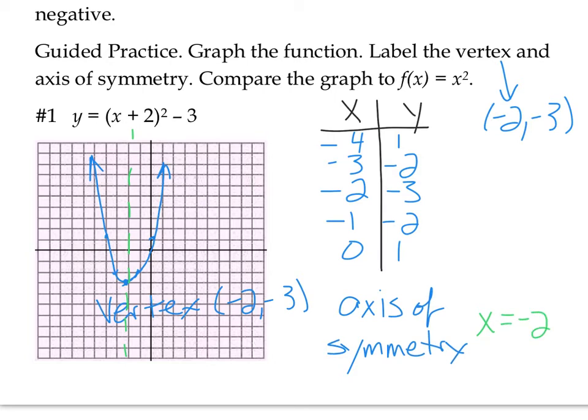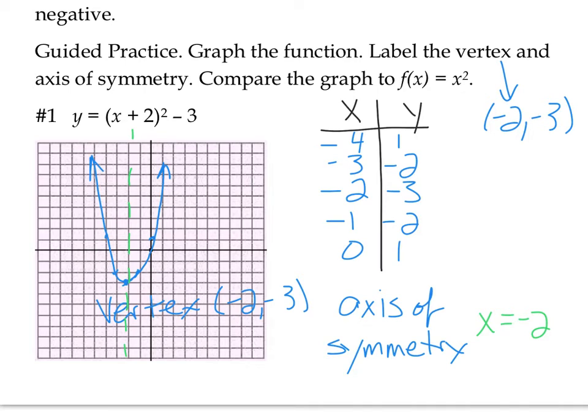The axis of symmetry is always going to be the x value of the vertex because the axis of symmetry goes through the middle of the graph. The vertex is that point that's either at the bottom of the parabola or the top of the parabola, depending if it's opening up or down. So the axis of symmetry always goes through the vertex and will always have the same x value, in this case x equals -2 of the vertex.